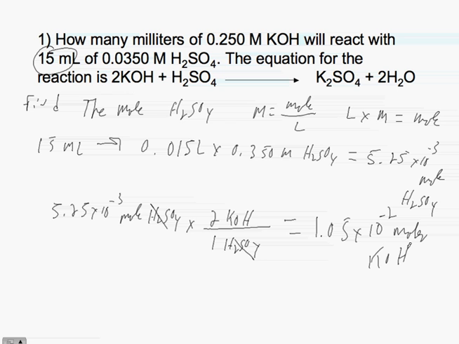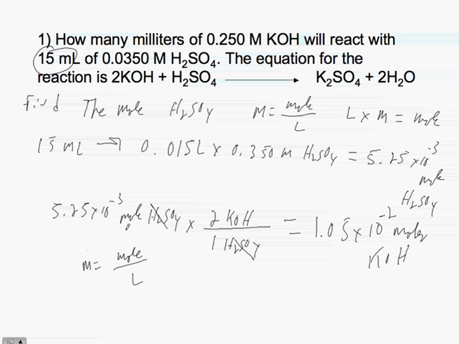Now that I know the number of moles of KOH, the next thing I want to do is use my equation for molarity, which is molarity is equal to moles per liter.